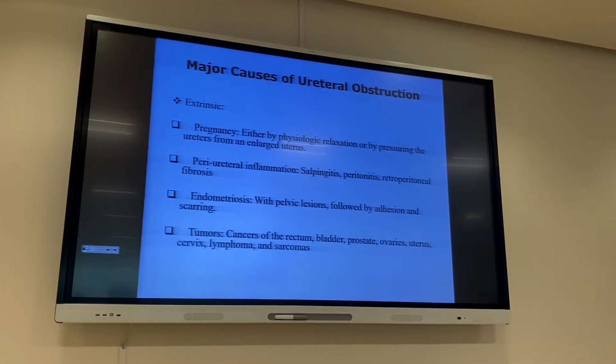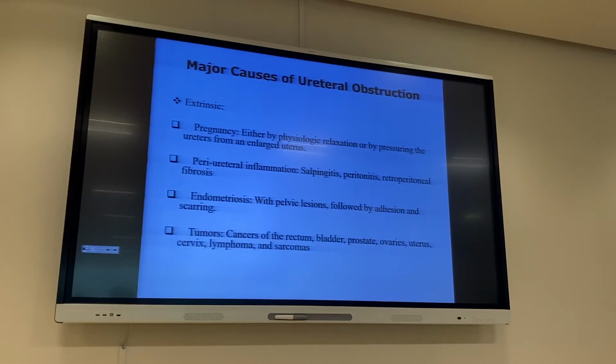Thank you very much. All right, so retroperitoneal fibrosis. That was made famous by one of the drugs that were used to treat migraine. It is an ergot alkaloid derivative, known as methysergide, that caused retroperitoneal fibrosis.